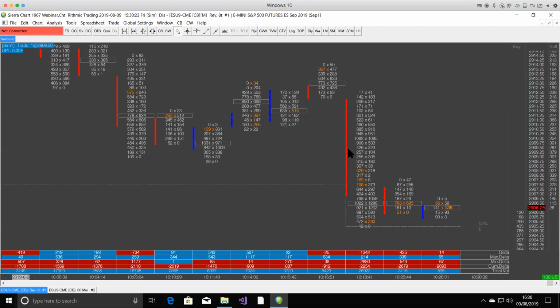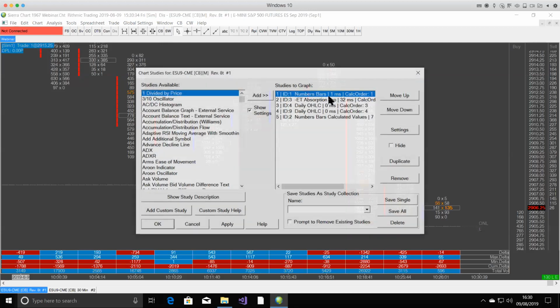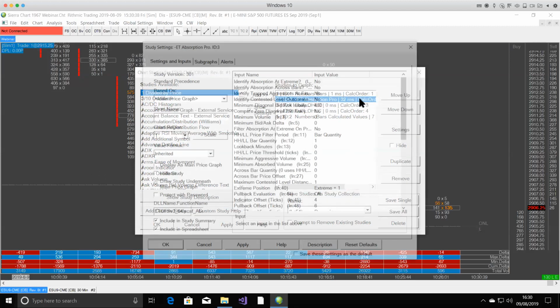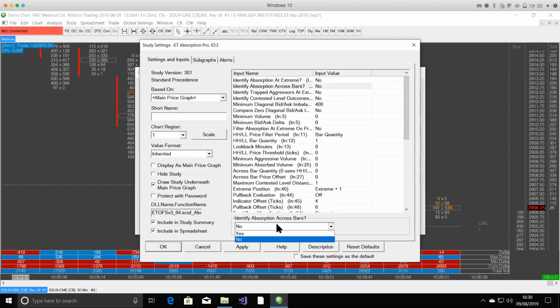Now, if I use the numbers bars, the colored delta profile background to show this, it can be very hard to see where we've got consistent absorption at certain price levels. So we can actually have Absorption Pro do this for us. So I can say, please show me absorption across bars.